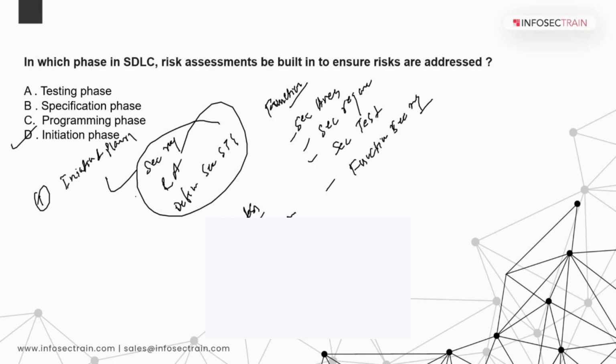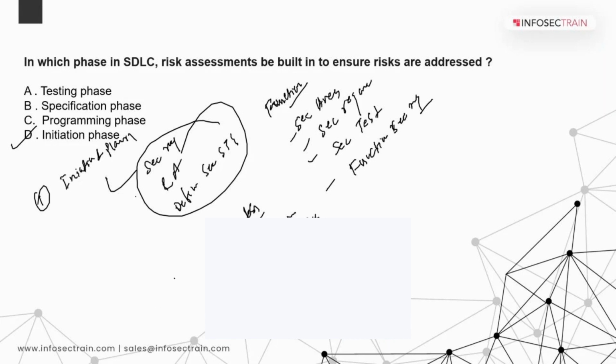So you have to develop your test plan, mainly your security test plan. And then you have to document your security baseline, and also your threat modeling, TM, you have to do in your design phase. You have to remember for exam point of view.